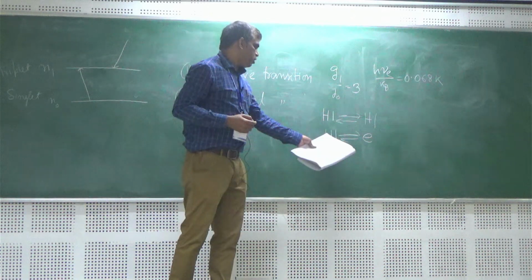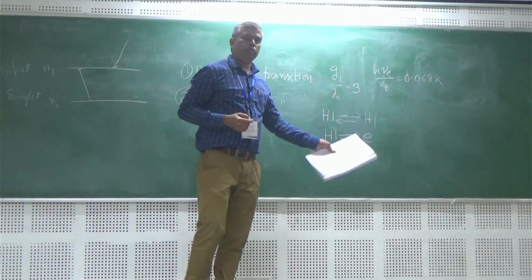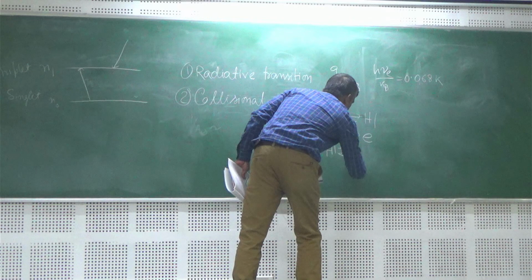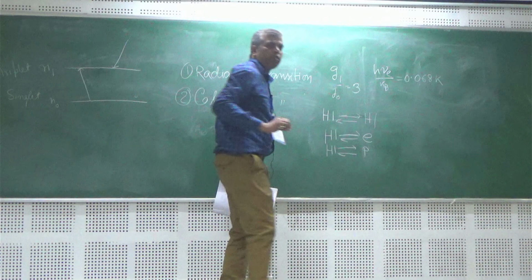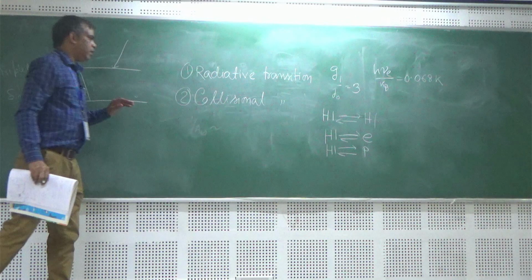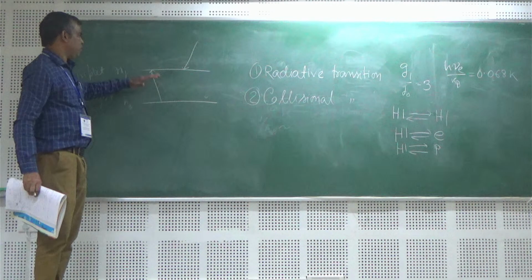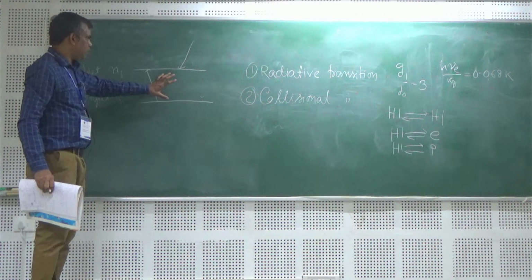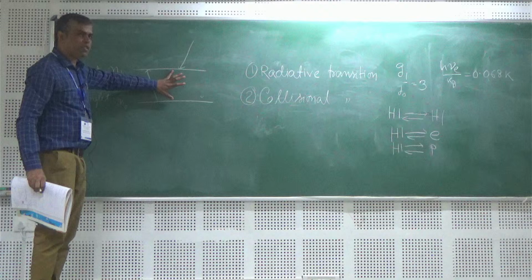So there will be collisions between H1 and free electrons, or H1 and photons. Because of these collisions, an atom can jump from one state to the other, or come down.